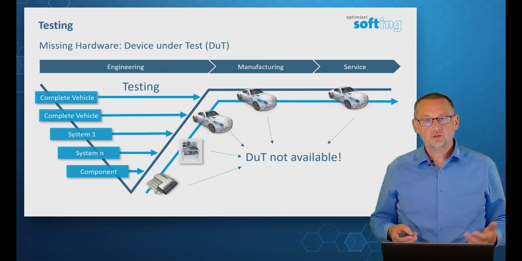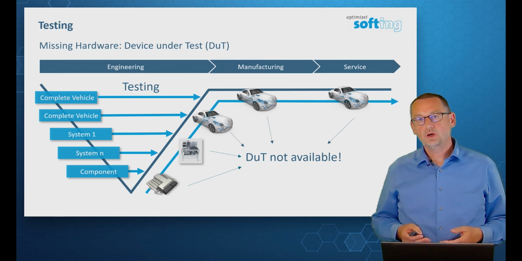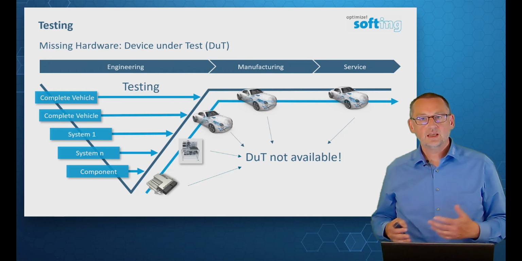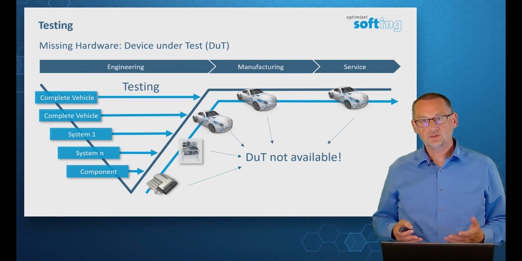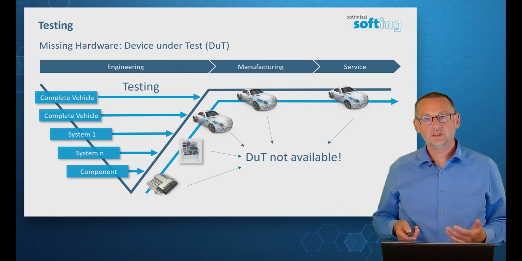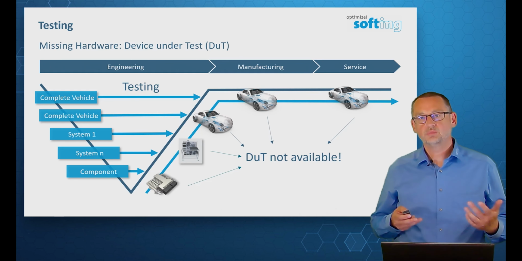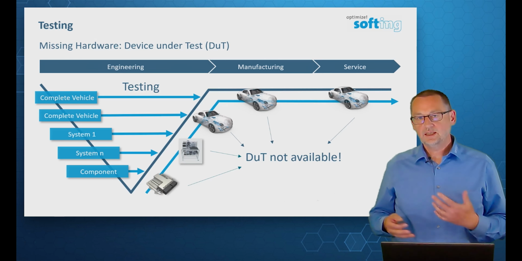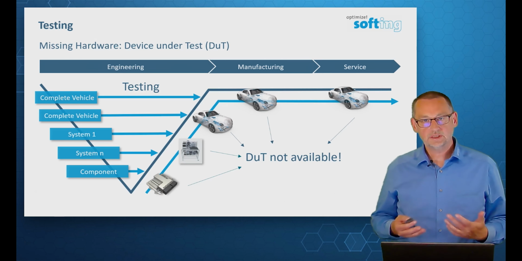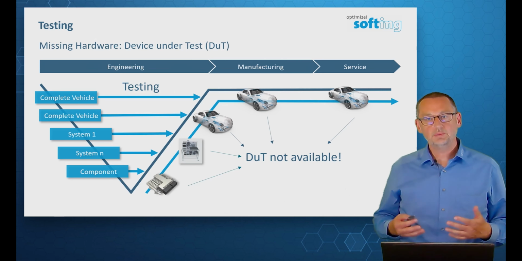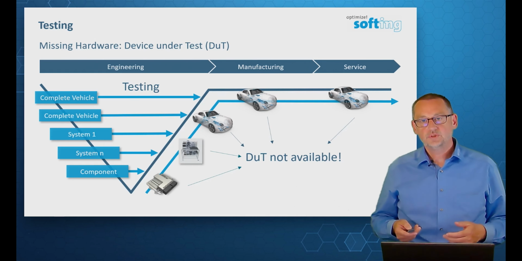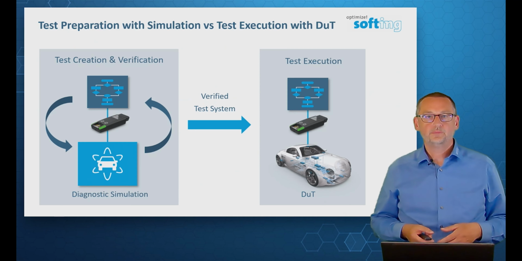By creating virtual representations of the components, systems and vehicles, engineers can conduct testing and validation in a simulated environment before physical prototypes are available. This allows for early identification of potential issues and optimization of test designs without the need for physical components.